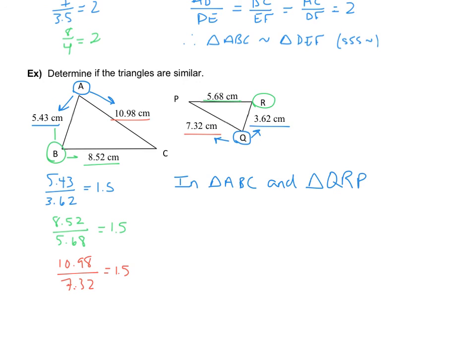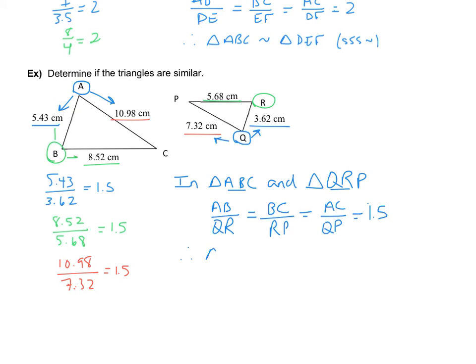So order matters here. We want them to correspond, and then we're going to say that AB compared to QR, so I can just read this off of here. First two compared to first two, that's equal to the second pair, BC over RP, and that is equivalent to AC over QP. So once I write them correctly at the top, it's really easy for us to write the side lengths in the correct order.